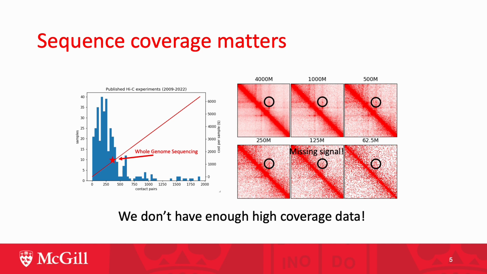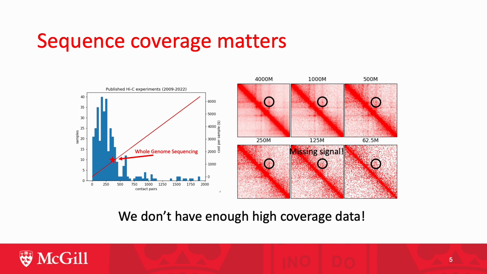This is a distribution of contact pairs of published Hi-C experiments in the past decade. Most of the Hi-C experiments contain around 250 million valid pairs. They correspond to a Hi-C contact map like this.